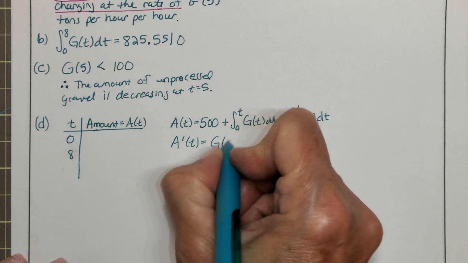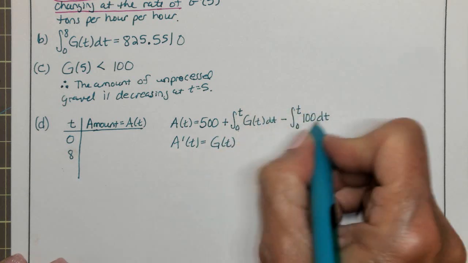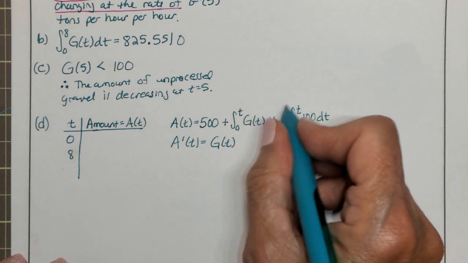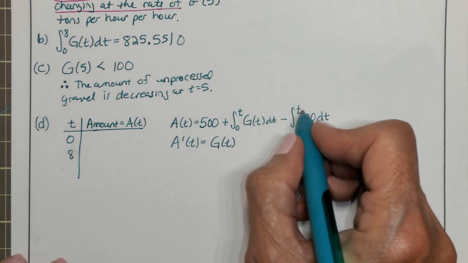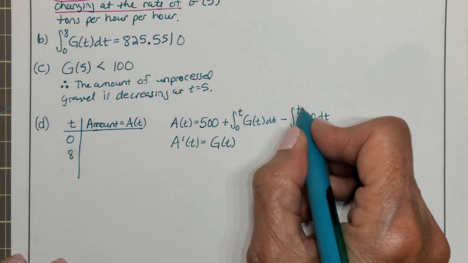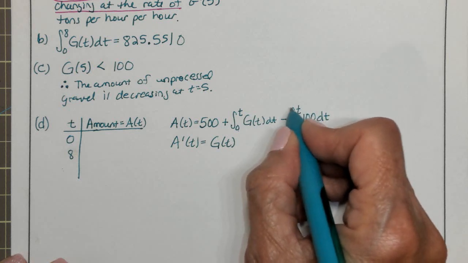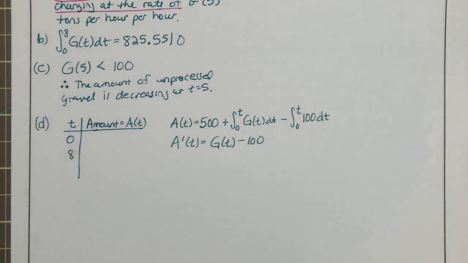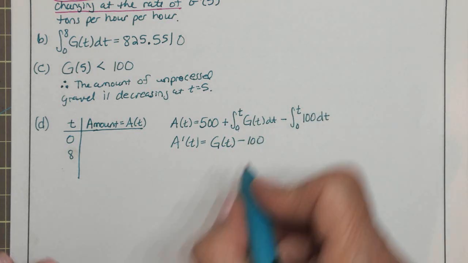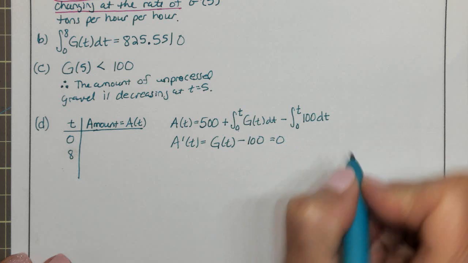G of T. What's the derivative of that integral? The derivative of T is 1. Put T in for T, but there's no T, so it's just minus 100. Okay? That is equal to 0.